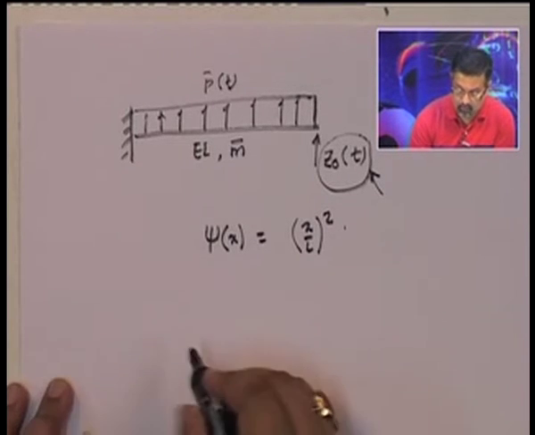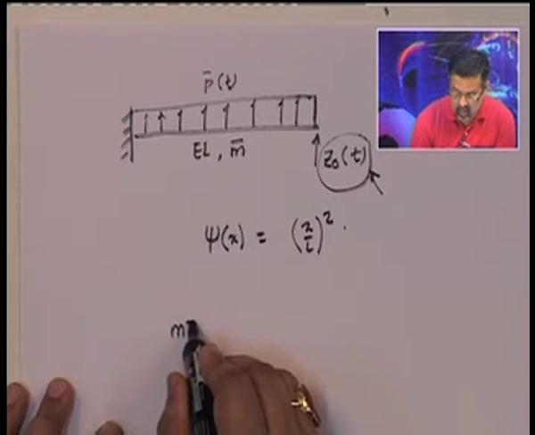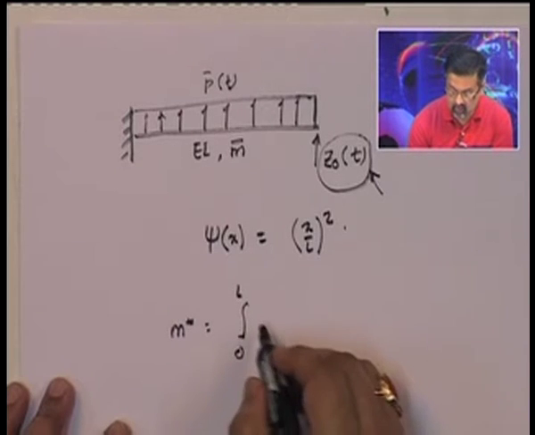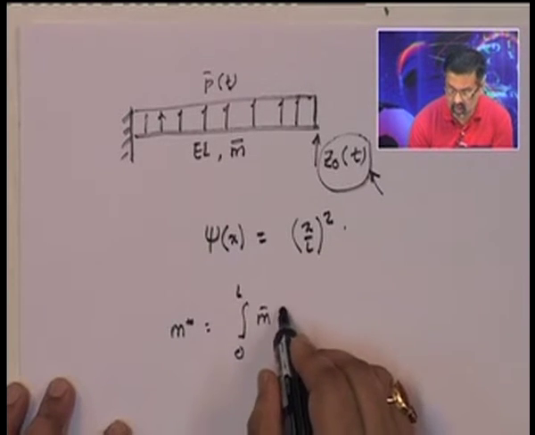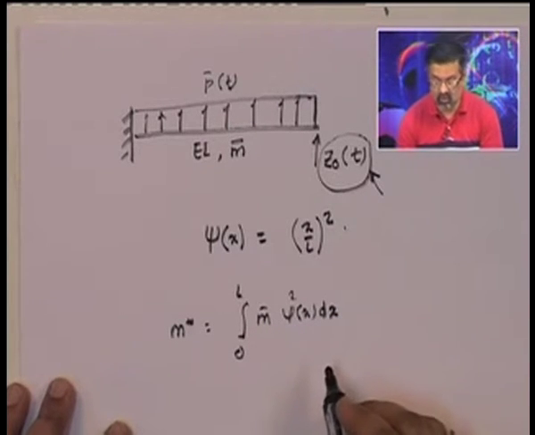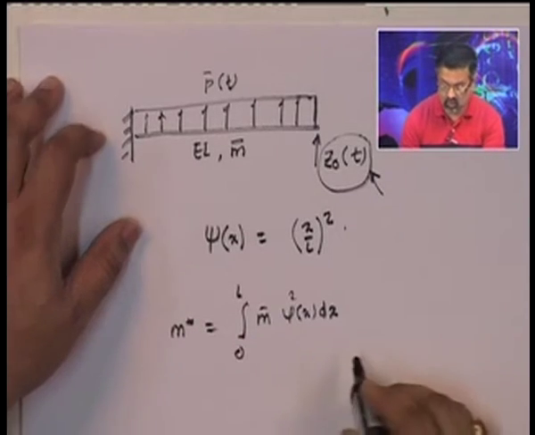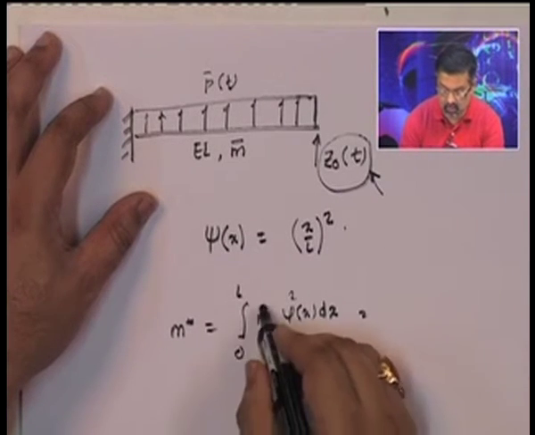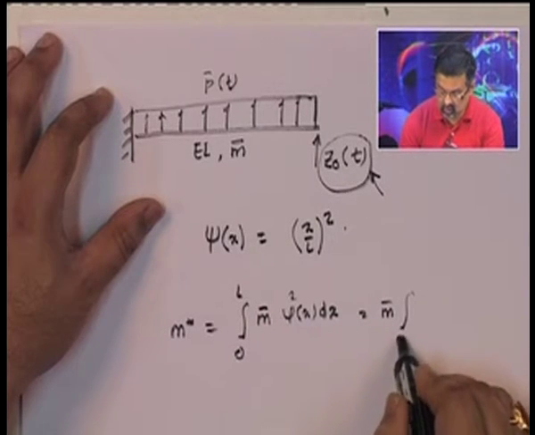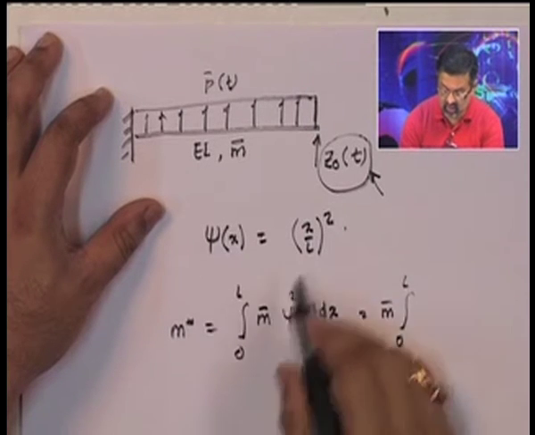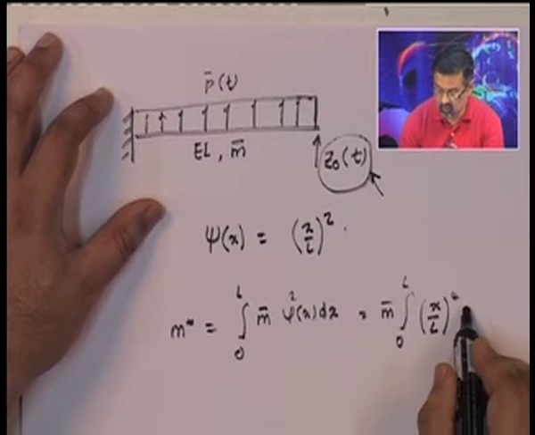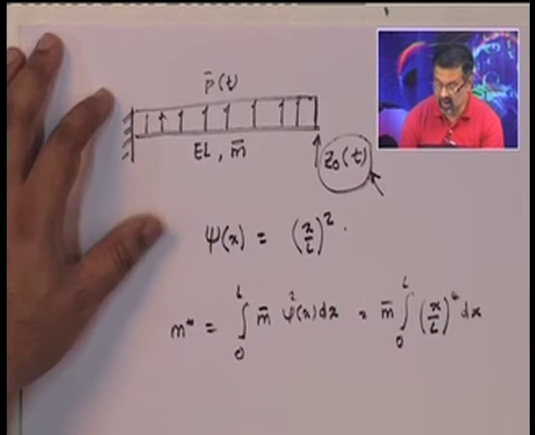So, if you look at it, this was m star is equal to integral 0 to L of m bar xi x squared dx, right. So, if we look at this, what does this become? M star is a constant, m bar is a constant. So, m bar goes outside and this becomes integral 0 to L of xi squared. So, this becomes x to the fourth over L fourth dx.